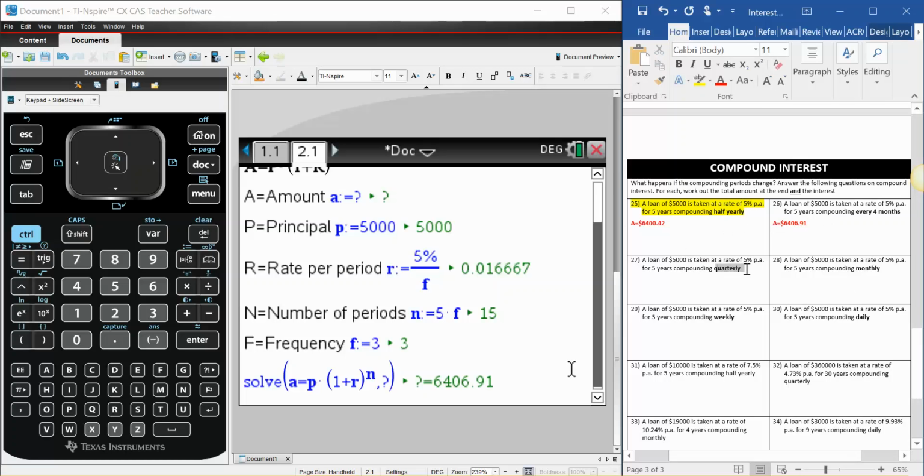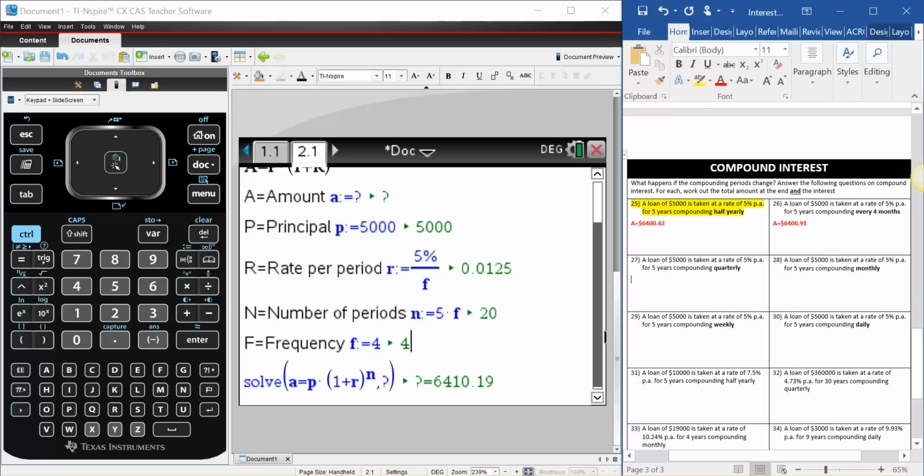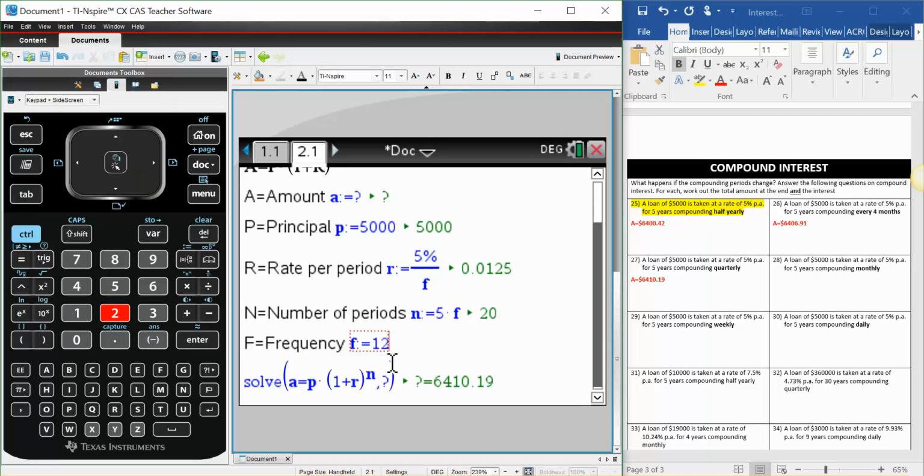Next question, it's talking about quarterly. Again, we just need to change the F to 4, and you'll notice that this time the A has gone up to $6,410.19. The next question is monthly. Again, we just need to change this. So the amount of times per year is 12.